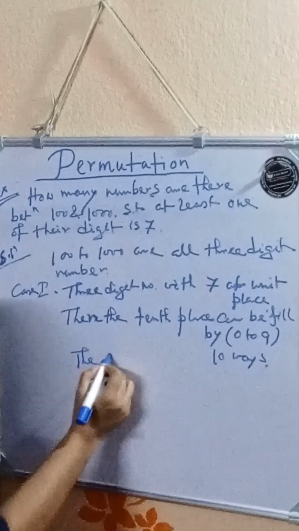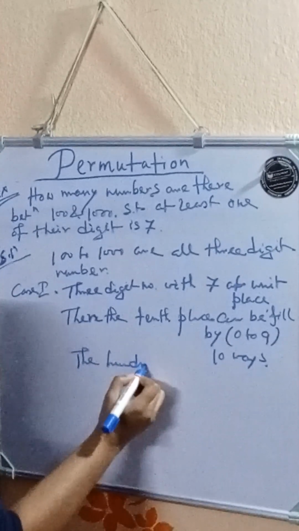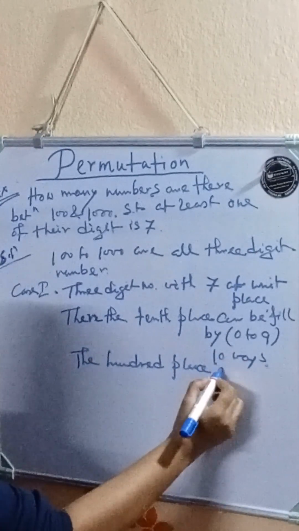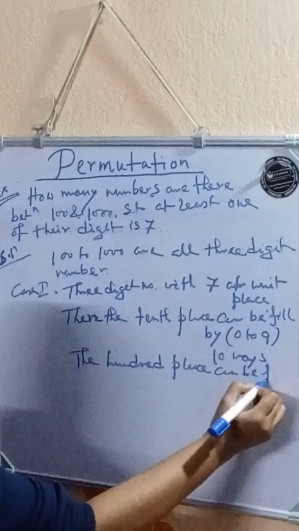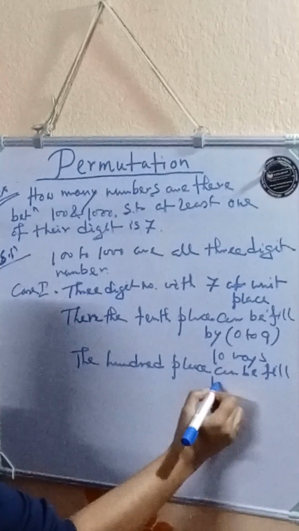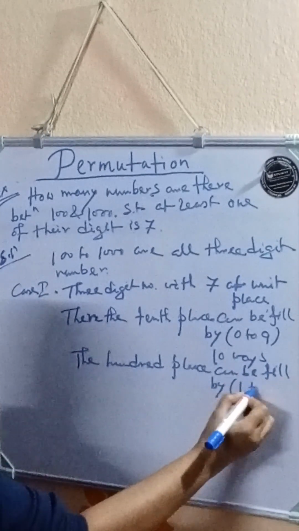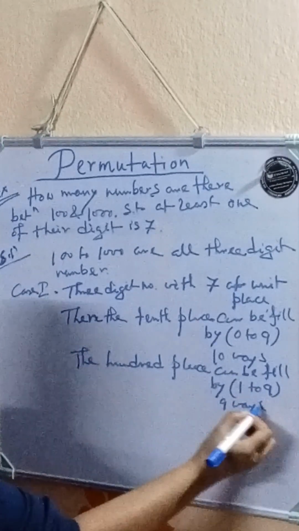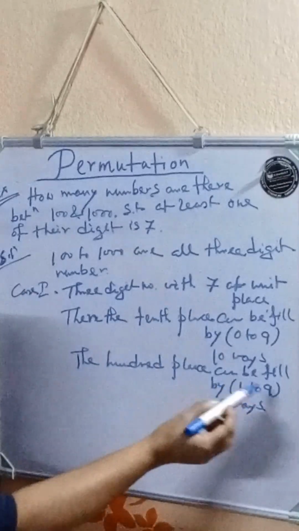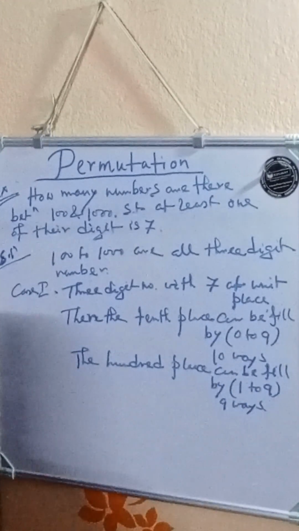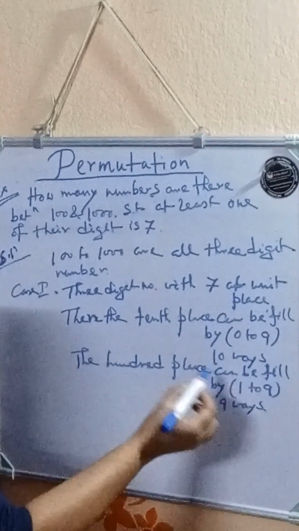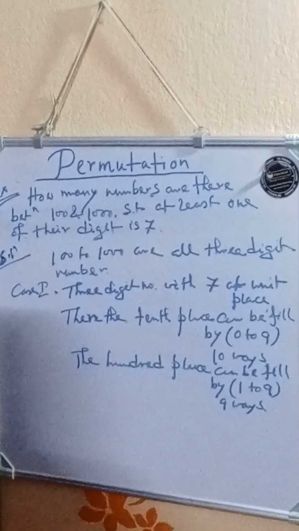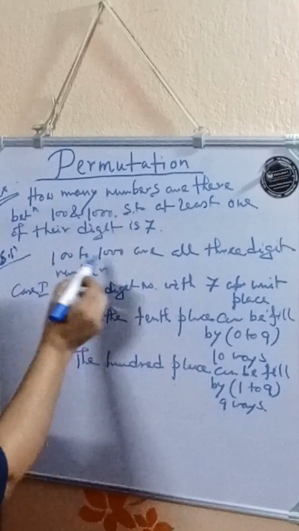The 100 place can be filled by 1 to 9, means 9 ways. Because if the 100 place is filled by 0, then that will be a 2-digit number. Here we only consider 3-digit numbers.